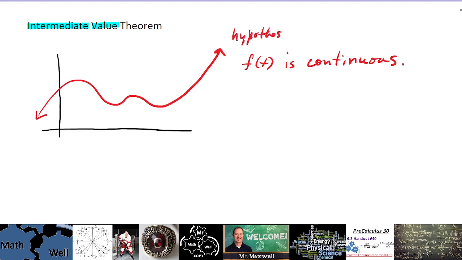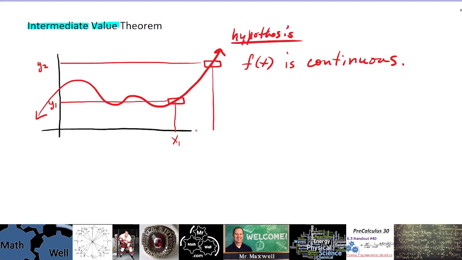If the function is continuous, which this one is, so for all continuous functions, what this is saying is that if there is a certain value right here, let's say this is value y1 for value x1, the function is continuous. So if I take another value y anywhere else, I'm going to pick this one over here. So here's y2, and this corresponds with x2.